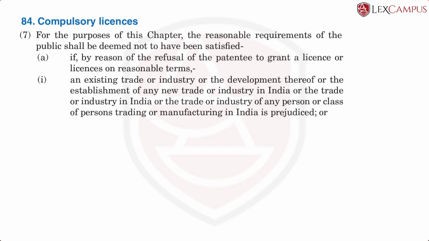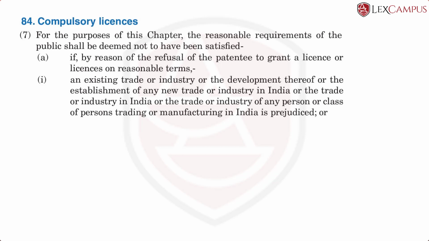An existing trade or industry or development thereof, or the establishment of any new trade or industry in India, or trade or industry of any person or class of persons trading or manufacturing in India is prejudiced. So, an existing trade or an industry is prejudiced by not granting that license.